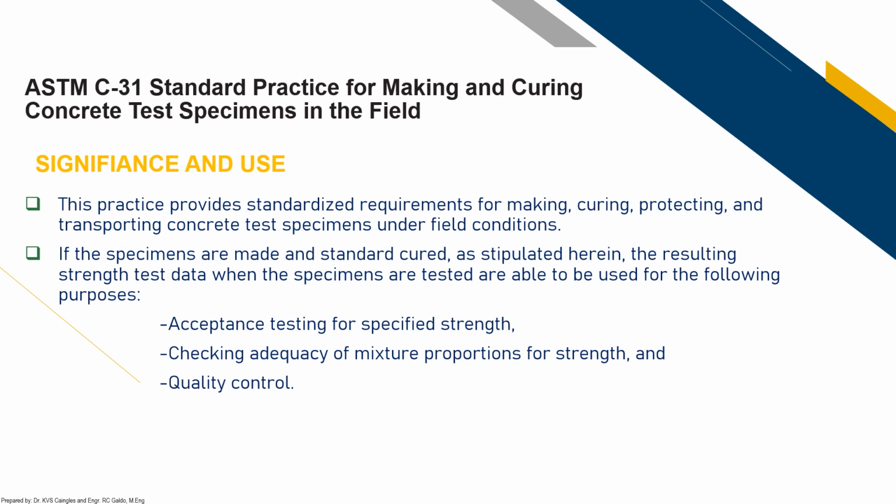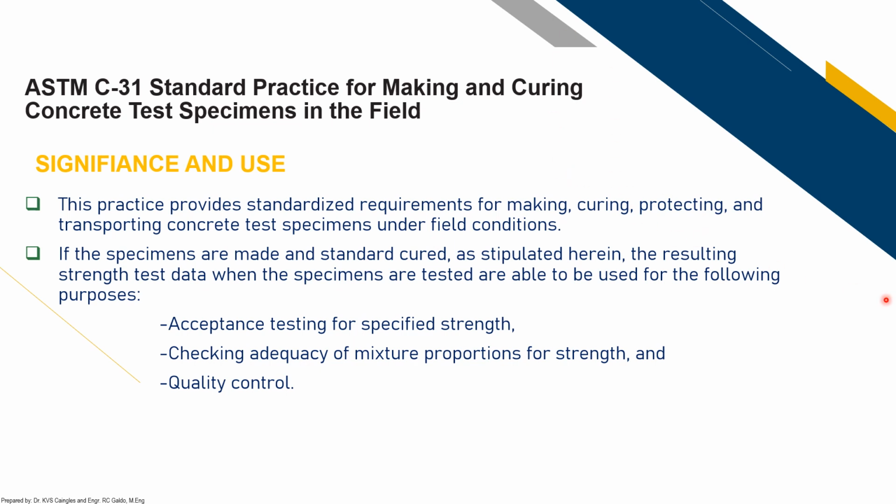Now, for the significance and use of ASTM C31, this practice provides standardized requirements for making, curing, protecting, and transporting concrete test specimens under field conditions. So basically, the significance of ASTM C192 is only up to making and curing, whereas ASTM C31 has provisions on protecting and transporting your concrete test specimens under field conditions.